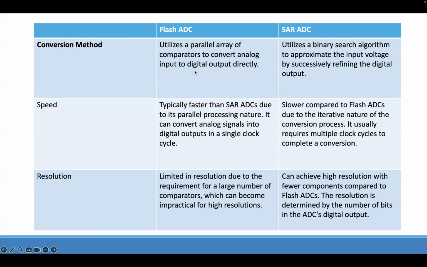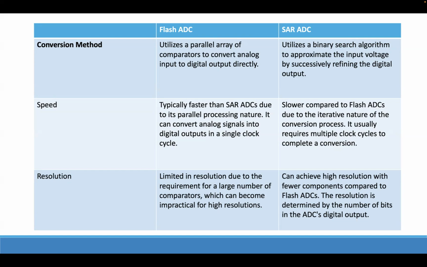As we see, each comparator is connected to the input voltage and to the reference voltage through the array of resistances, and the conversion from analog input to digital output happens directly and simultaneously.